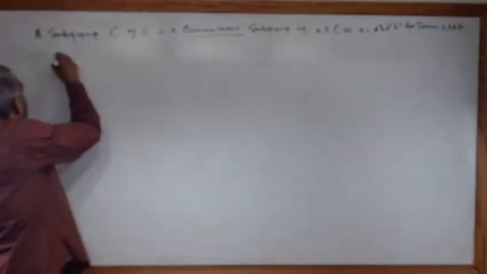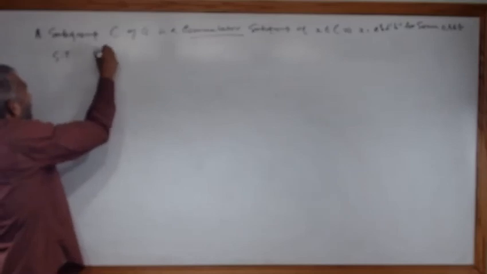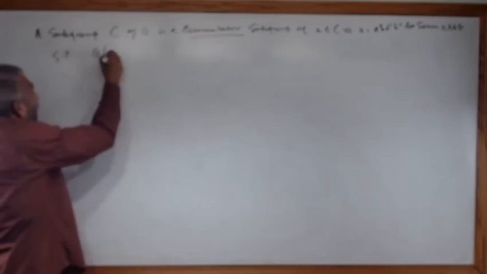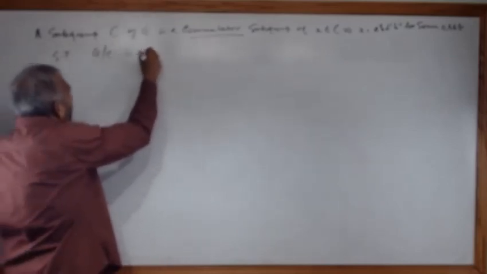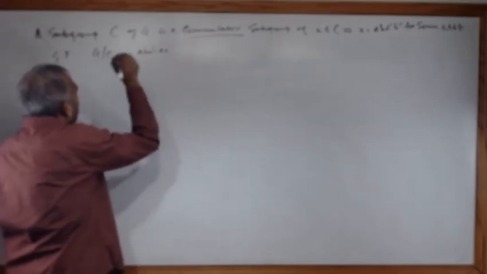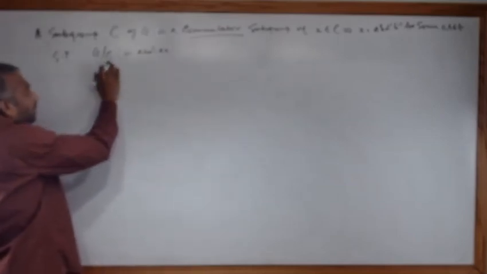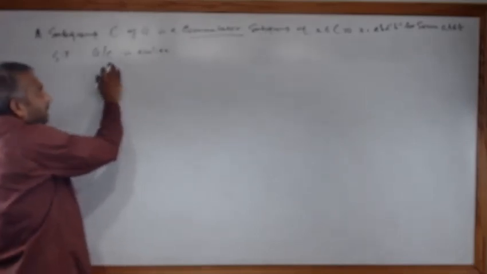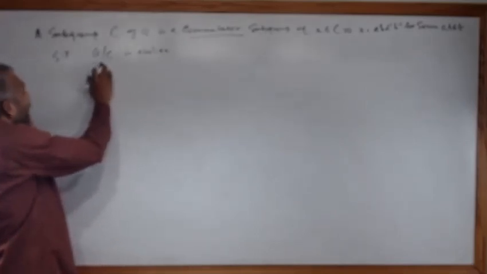Now show that G over C is abelian. Before that, we need to show that C is a normal subgroup, which I am going to leave to you as an exercise, because otherwise this is not a valid factor group.